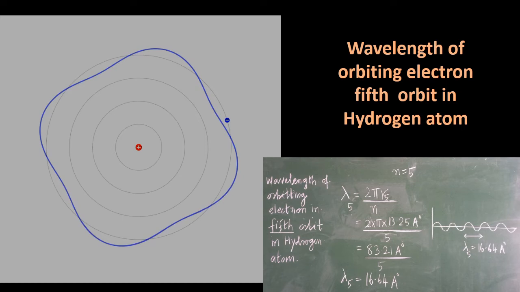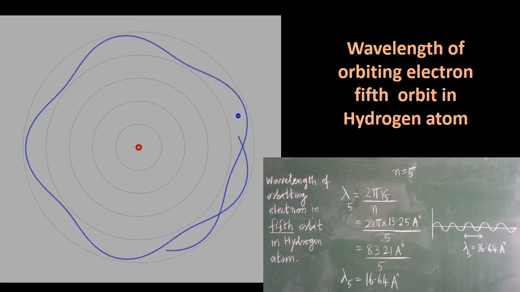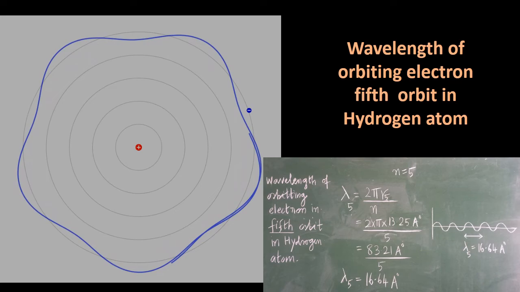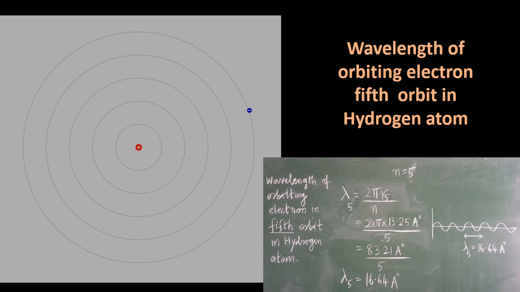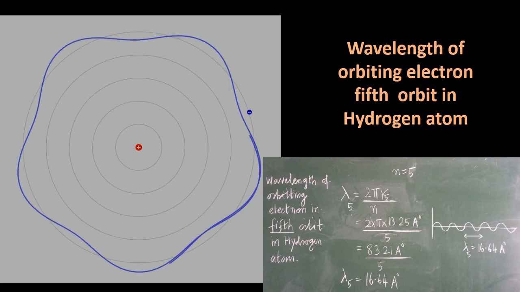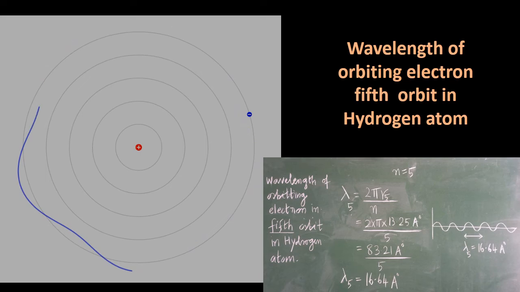Now we are going to see what will happen in the case of the fifth orbit. Now the electron is slowly brought from the fourth orbit to the fifth orbit. We will see whether it is able to create the standing wave pattern. Look here. It is not properly formed. Now we will check it. Now it is perfectly placed.